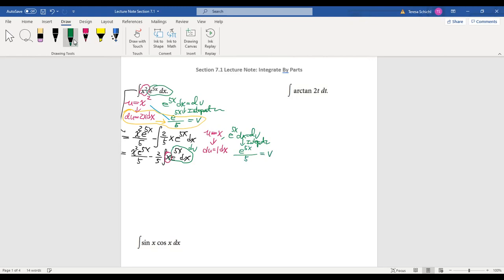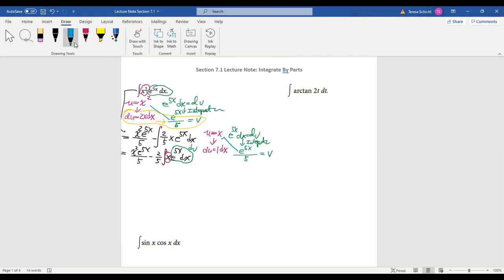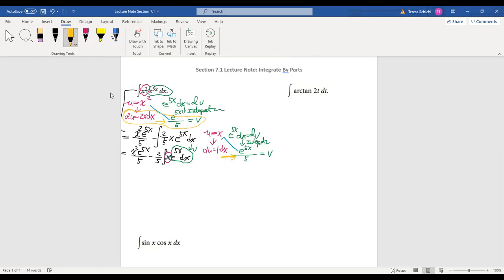So that's why I need to do the integration by parts. It becomes uv minus integral of v du. Here we need to be very, very careful about our algebra and all these positive and negative signs.